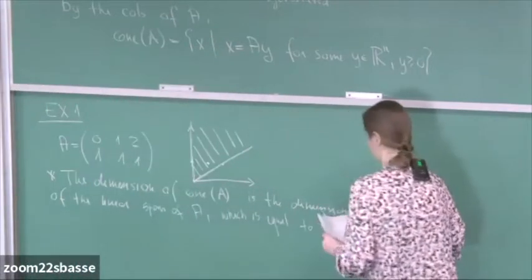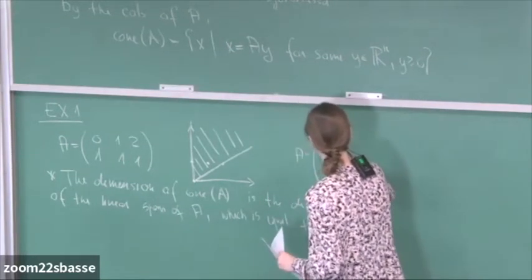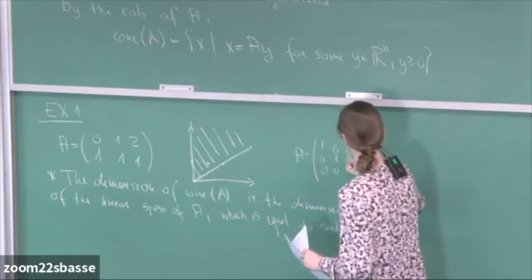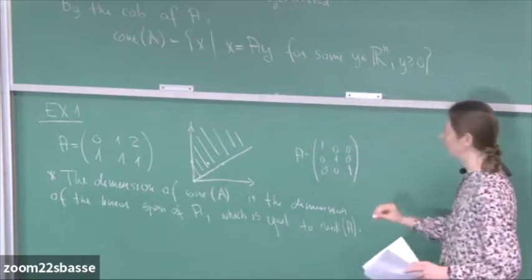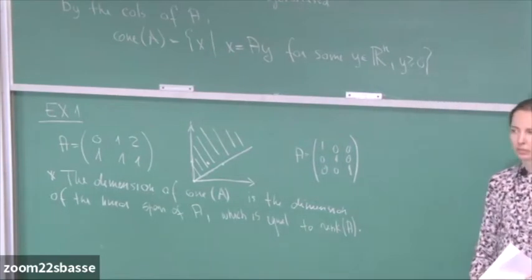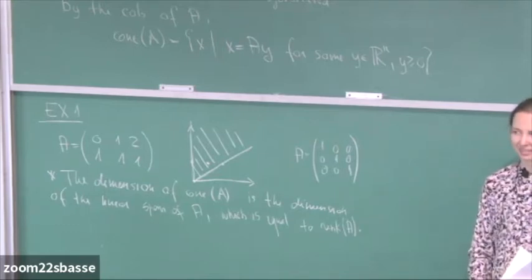So since there was this question, what would be the cone of A for this matrix? Half spaces.